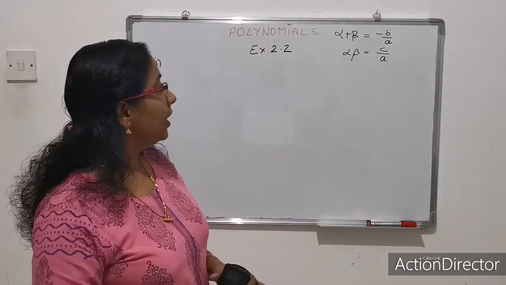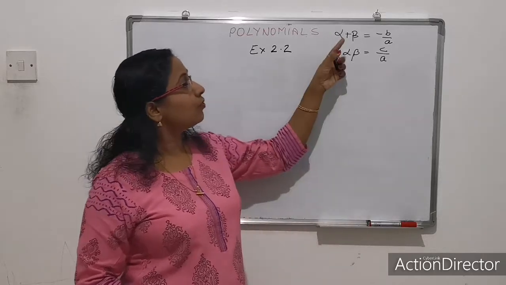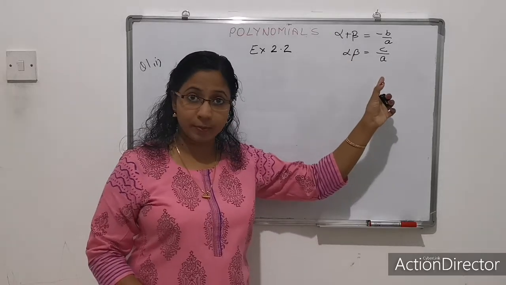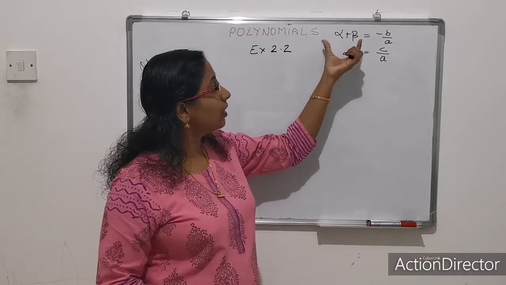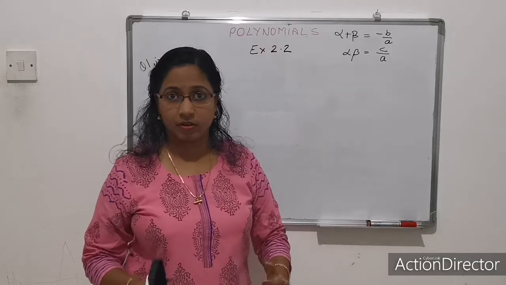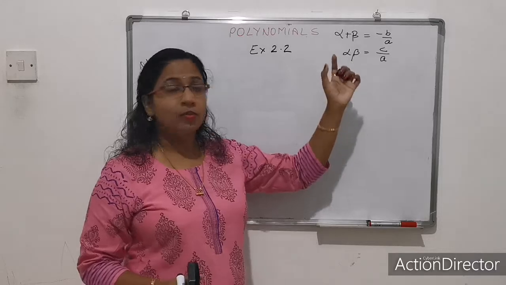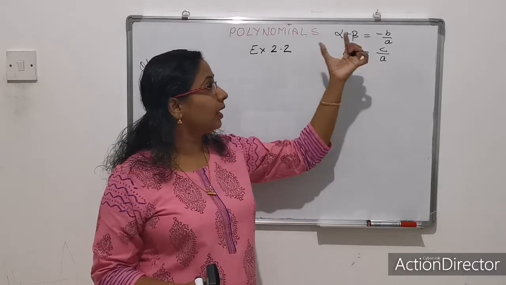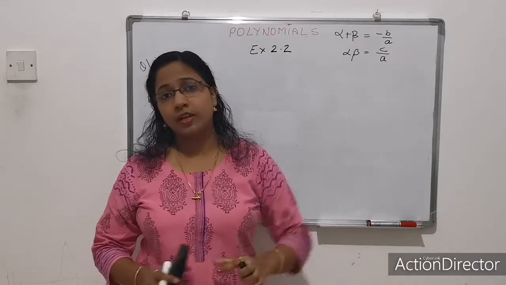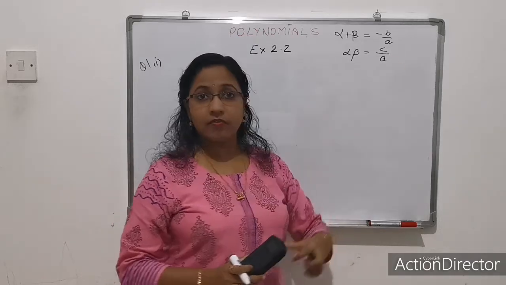Now verify the relation between the zeros and coefficients means, first we have to find the values of alpha and beta, and then we have to verify that alpha plus beta is giving you minus b by a or not. Okay, you cannot directly write this. You have to find alpha, find beta, and then add and check you are getting minus b by a or not. Okay, minus b by a you can easily find.